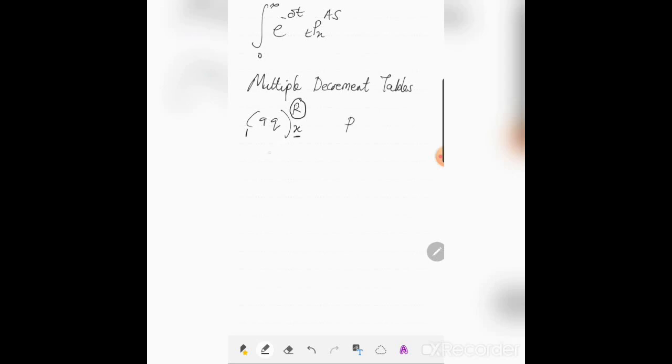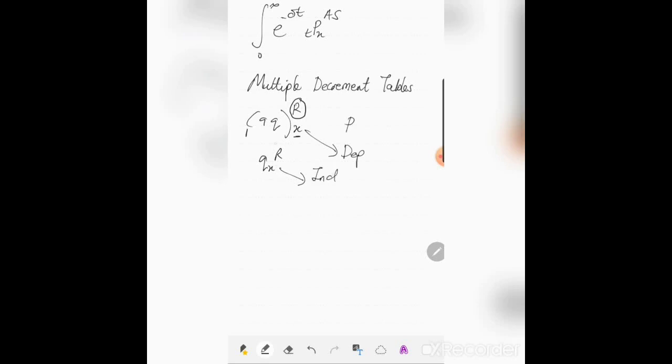Whereas the same thing when I say QXR, it means it's independent. So this is the dependent probability, and this is the independent.